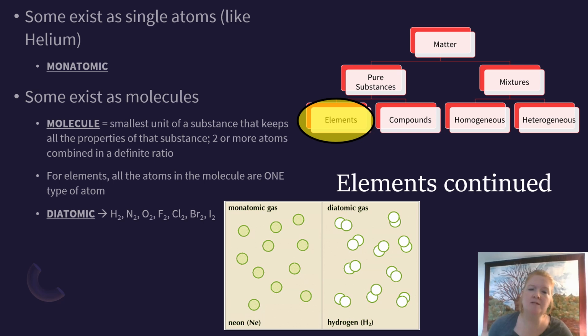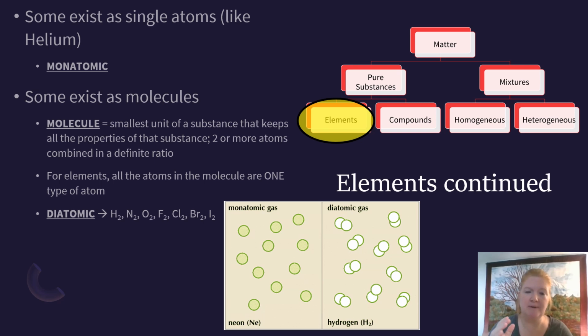So for elements, all the atoms and molecules are one type of atom. So if we have hydrogen, and we have two atoms of hydrogen bonded together, it's a molecule, but both atoms are hydrogen, so it's still an element. When we have two atoms bonded together, it's called diatomic, di meaning two.